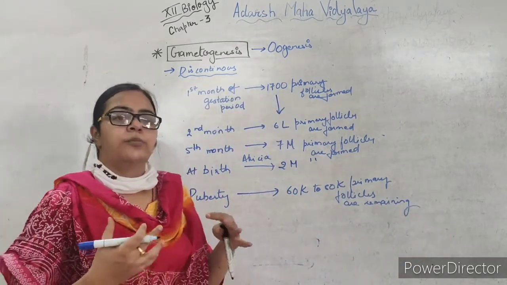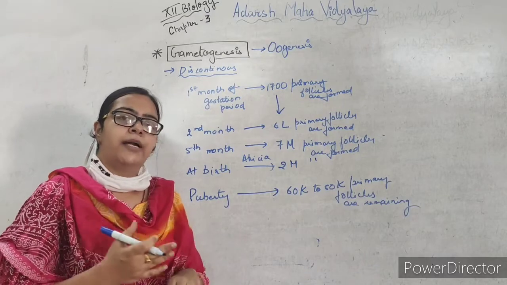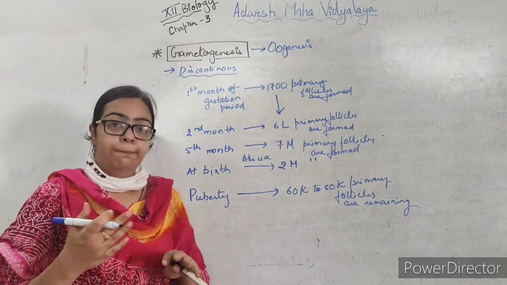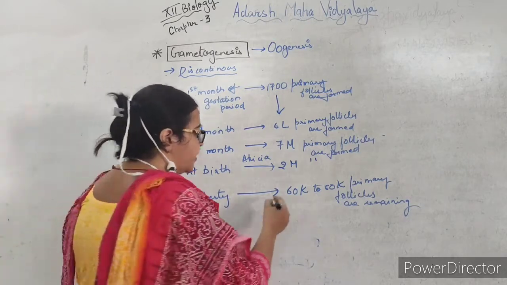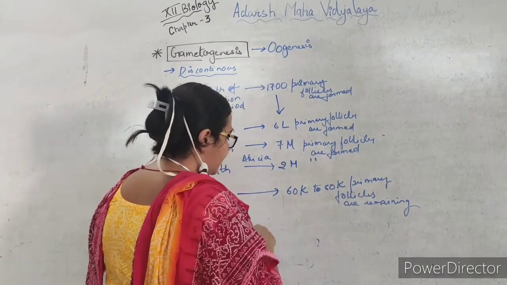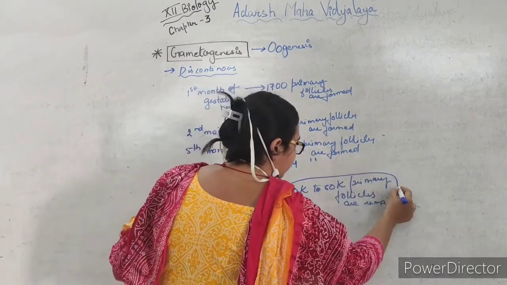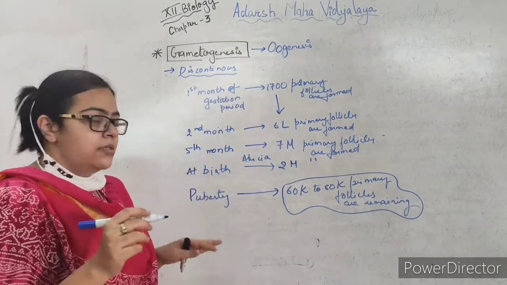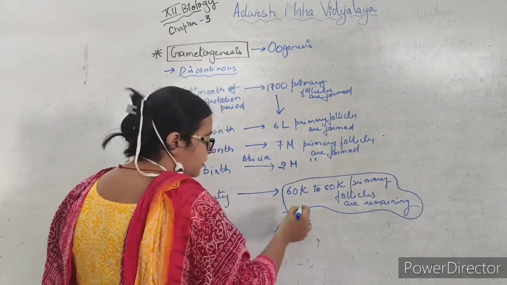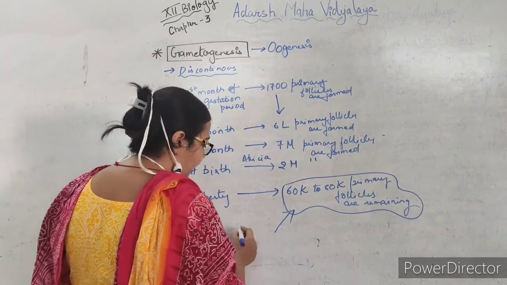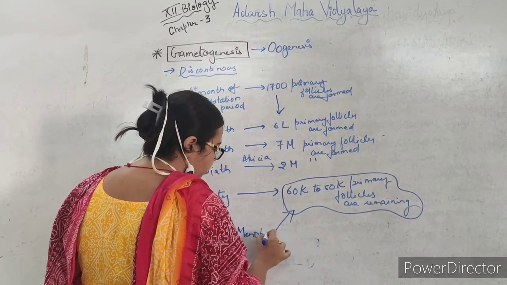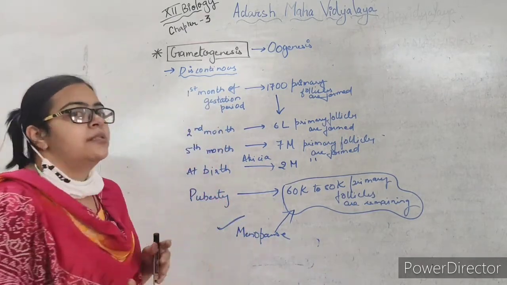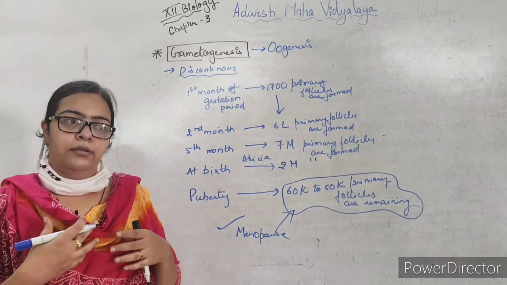When we talked about spermatogenesis, we saw that it started at puberty and is an ongoing process. But in females, as there is a specific number of eggs in the lifespan, there comes a phase where these primary follicles will be over, and this stage is the menopause. In females menopause is seen, and in males spermatogenesis goes on in the entire lifespan.